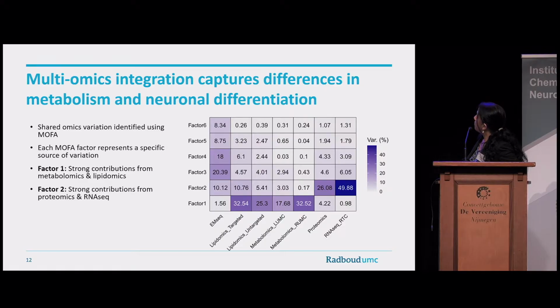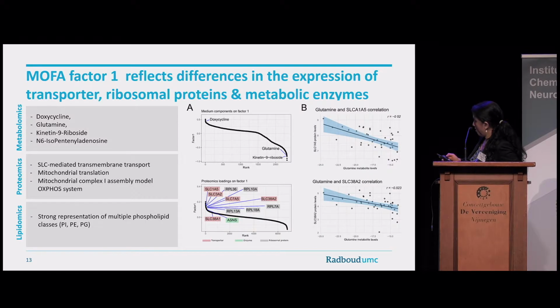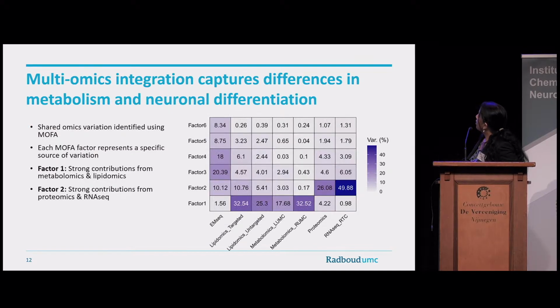Here you will see that the first MOFA factor captures variation that has contributions from the targeted lipidomics data, untargeted lipidomics data, untargeted metabolomics data, as well as a decent contribution from the proteomics data.